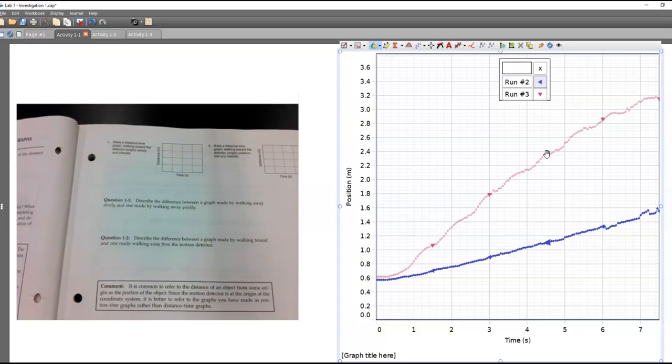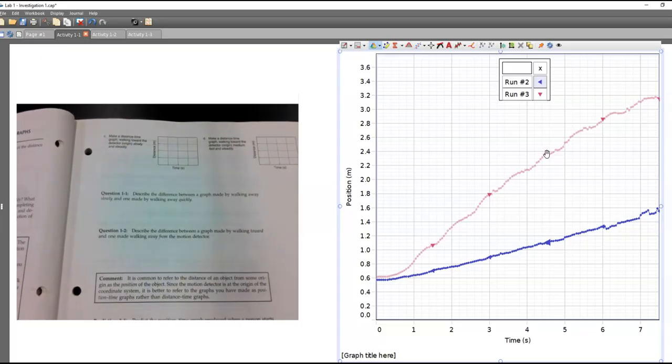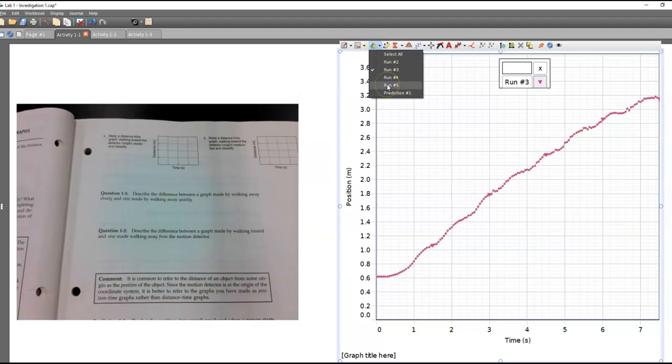How about question 1-2? Describe the difference between a graph made by walking towards versus one made by walking away. What's the difference? Okay, well, this is a comparison between walking away versus walking towards. So what would be the difference?